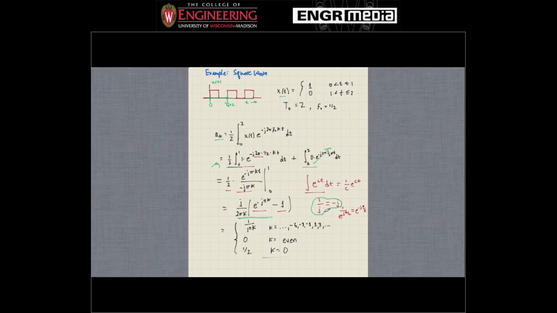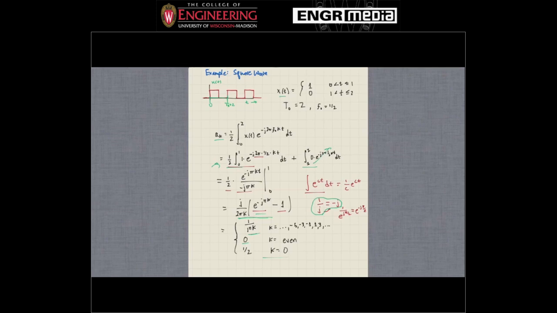So anytime k is even, we have 0, and anytime it's odd, this ends up being a minus 1, right? We have e to the minus j pi, for example, or e to the minus j 3 pi. That's always minus 1. Okay, so that's the case, and then here I actually just brought j back downstairs to get rid of that minus sign, and we're left with 1 over j pi k for odd values of k.